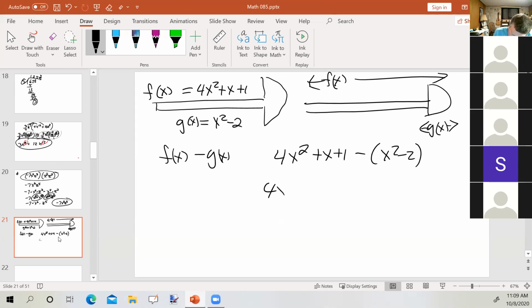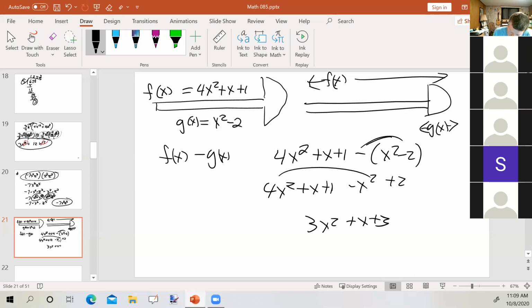So now I've got 4x squared plus x plus 1 minus x squared plus 2, which is 3x squared plus x plus 3. Does it give units? No. Oh, yeah, it's inches. Sorry. So it's 3x squared plus x plus 3 inches. The entire shovel minus the spade part.